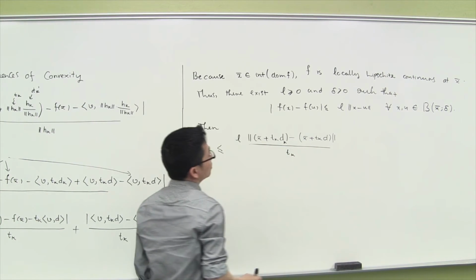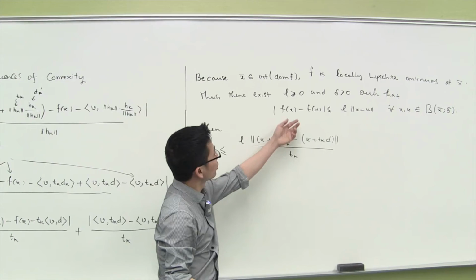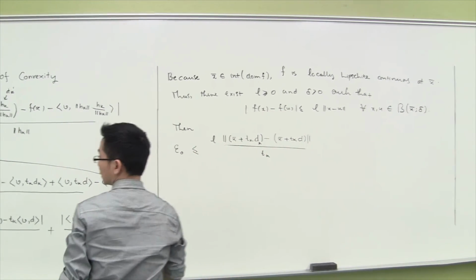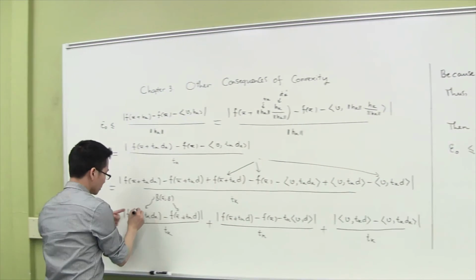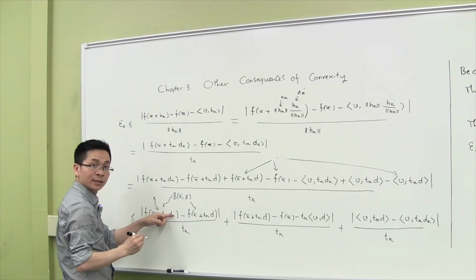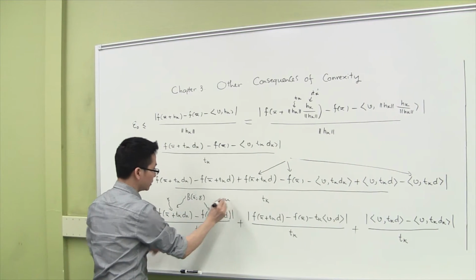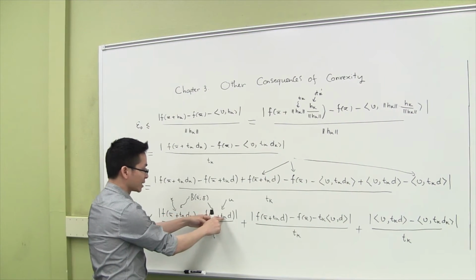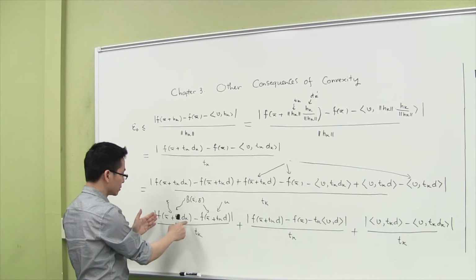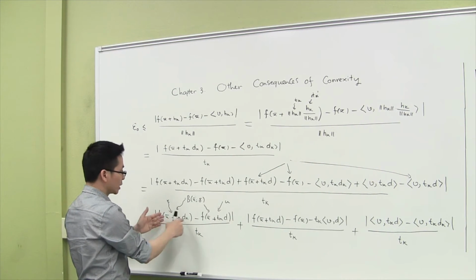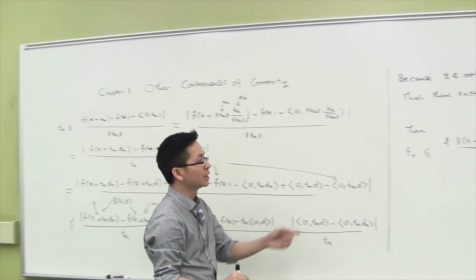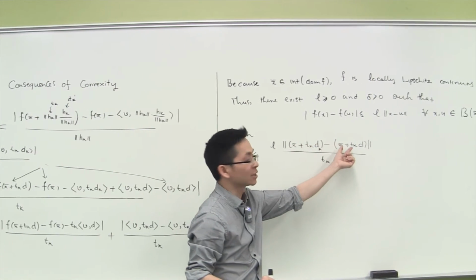Okay, so we already applied this inequality where x is equal to x bar plus tk times dk and u is equal to x bar plus tk times d. Therefore this is less than or equal to L times norm of x minus u, which is this minus this.